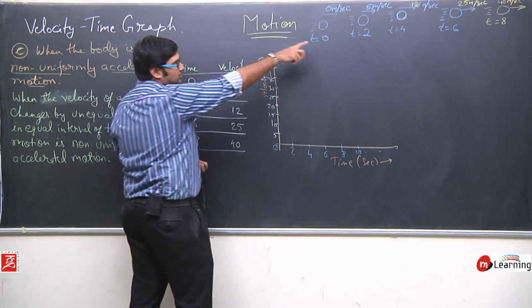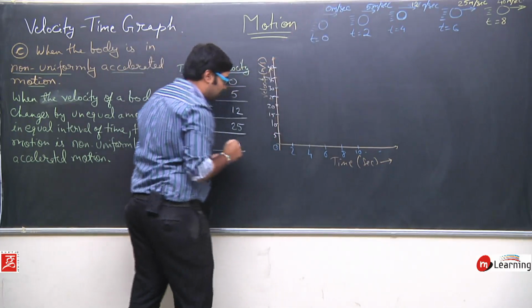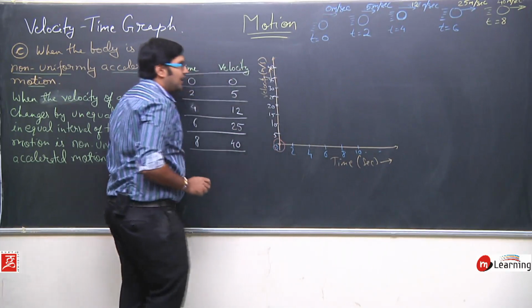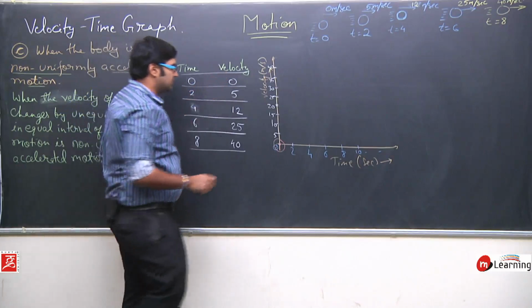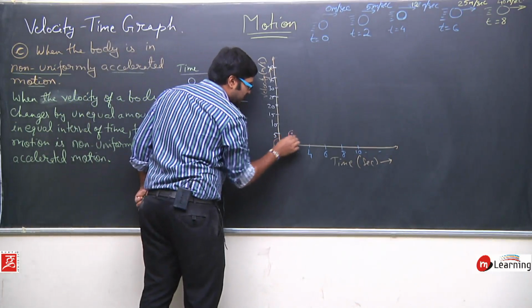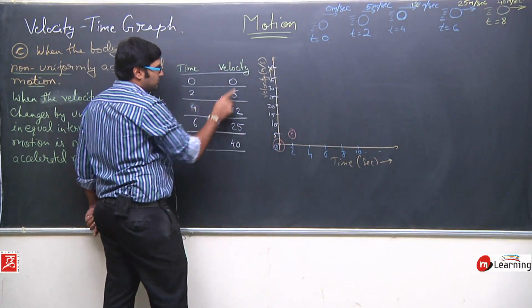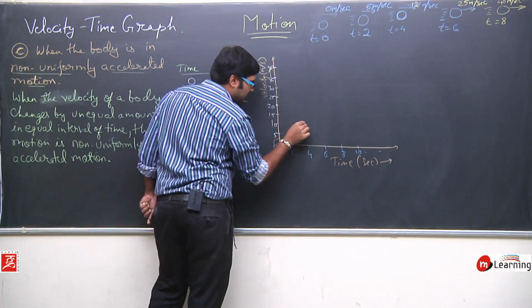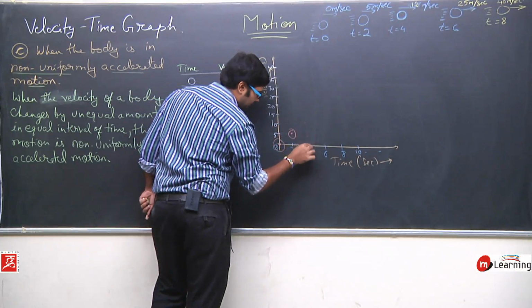So at t equals 0, the ball is at 0. So this was the position of the ball. At t equals 2, the ball is traveling with the speed of 5. So this dot will represent the position. At t equals 4, the ball is moving at 12, so just above 10 we have a position like this.